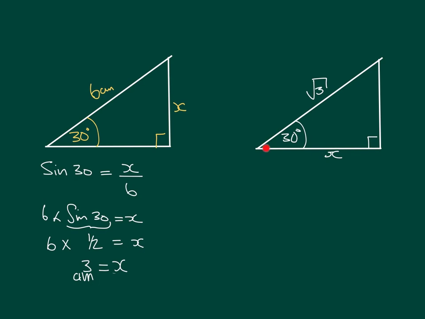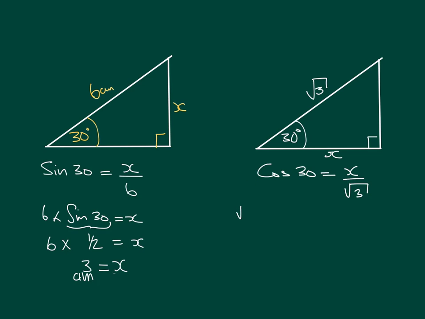We've got adjacent and we've got hypotenuse, so we're going to use cos. So we're going to say that cos of 30 degrees is adjacent over hypotenuse, root 3. Then we will rearrange by bringing the root 3 over there.